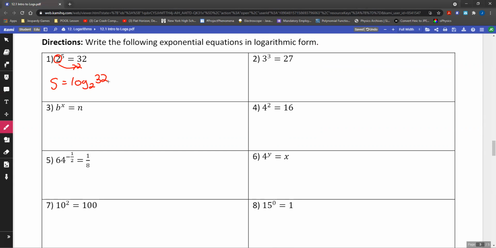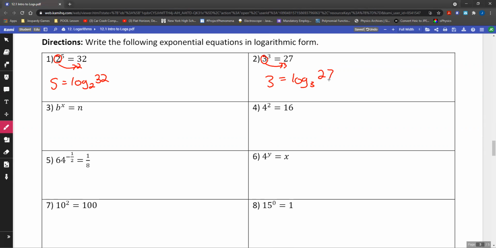All right, over here, take the 3, it becomes my base underneath the 27. So 3, add log in front of that base, and I get this. So this says 3 equals log base 3 of 27.